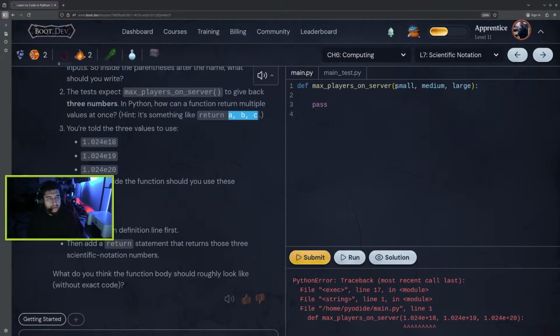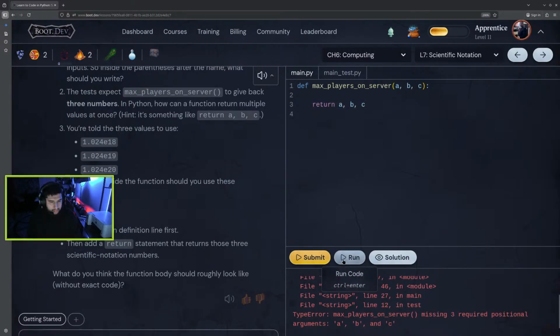Copy. ABC and then put here return, Control V, A, B, C. Alright, what does this do? Nothing. Alright, you're told the three values to use are these.